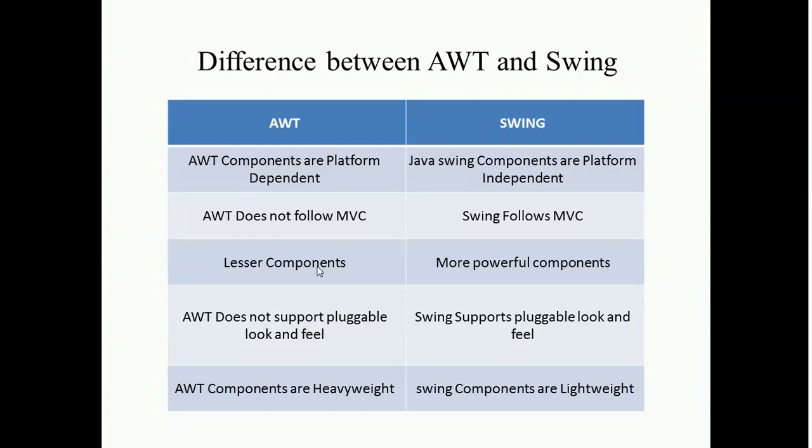AWT supports limited components, but Swing supports more components compared to AWT, like table, tree, progress bar, tabbed pane, scroll pane, etc. The fourth difference is that AWT does not support pluggable look and feel, but Swing does. The fifth difference is that AWT components are heavyweight and Swing components are lightweight.